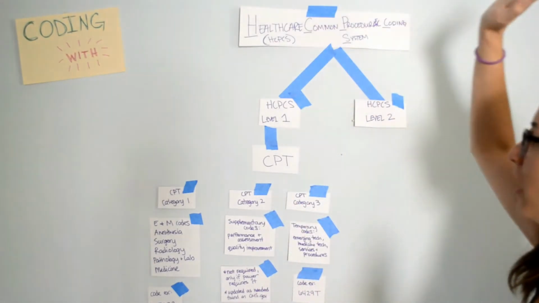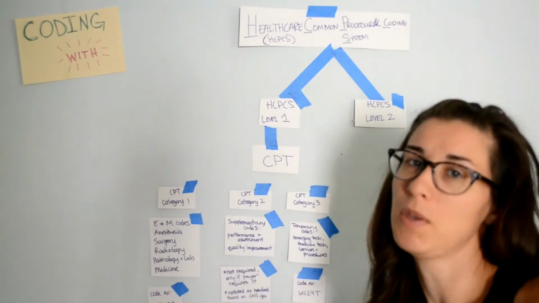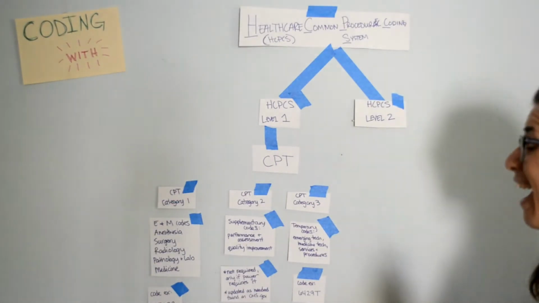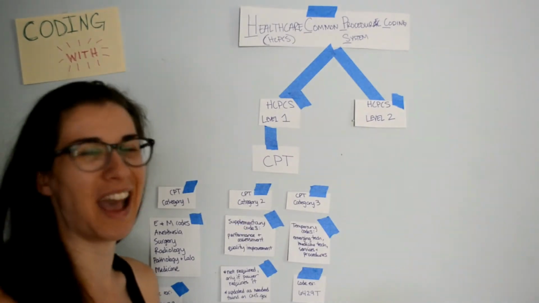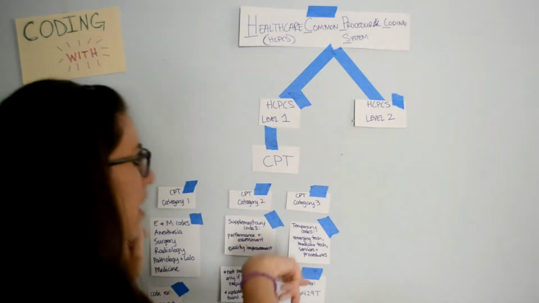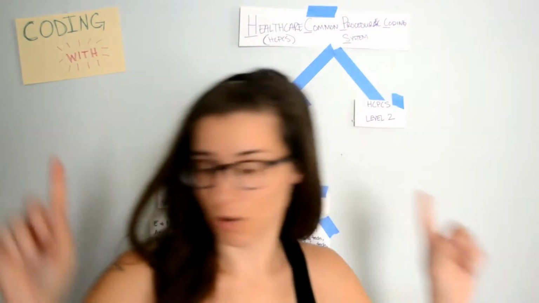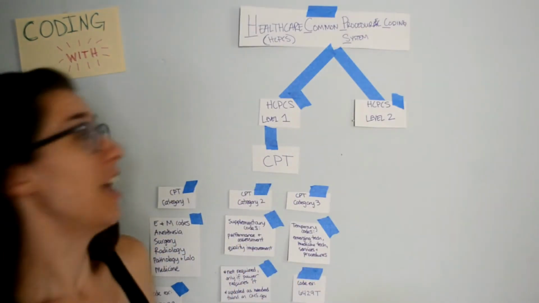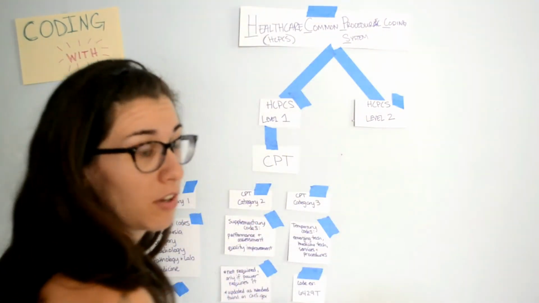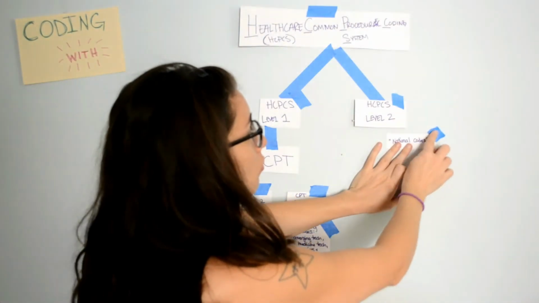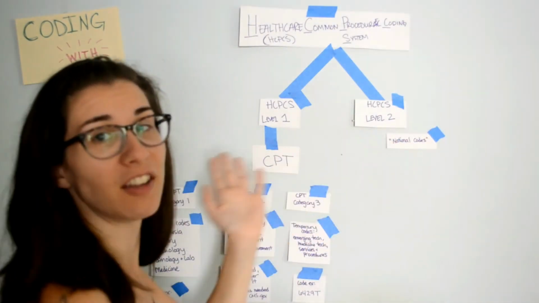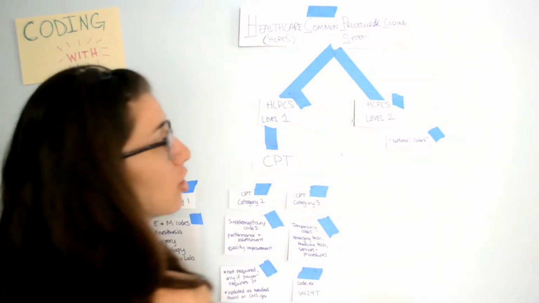So we have our HCPCS Level 1s or CPT codes. Now we have our HCPCS Level 2s, which don't really branch off like this. HCPCS Level 2s are often called national codes. I don't know why, but they're called national codes.